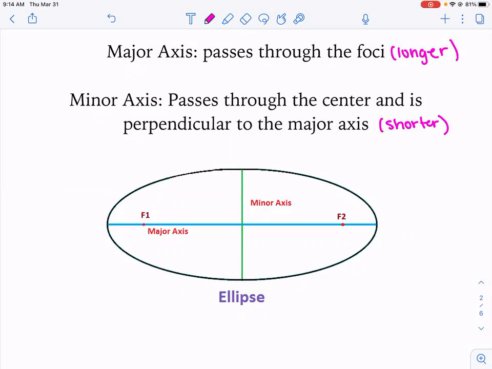Okay, so once again, I have a little card for you to glue in. Forgot to get the glue out, sorry. I have a card for you to glue into your notes. Hey, light bulb incoming.